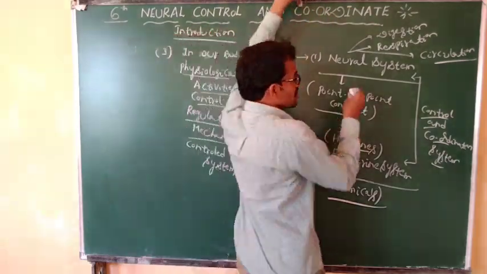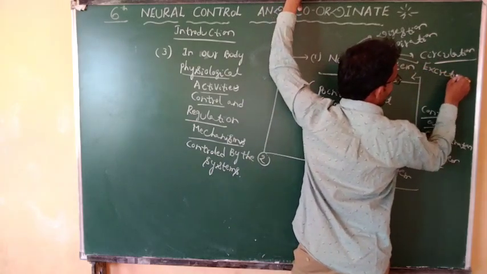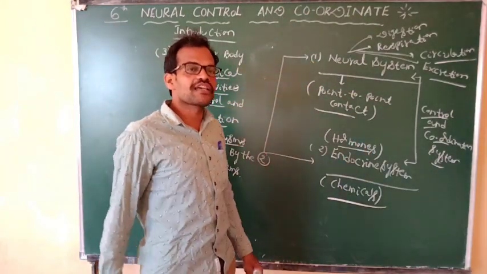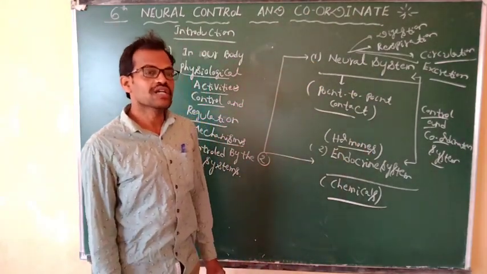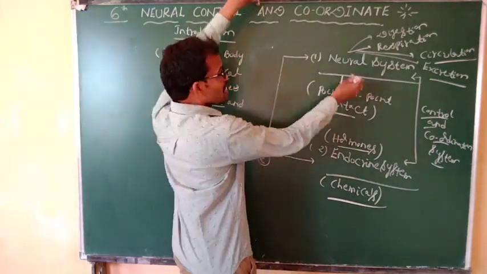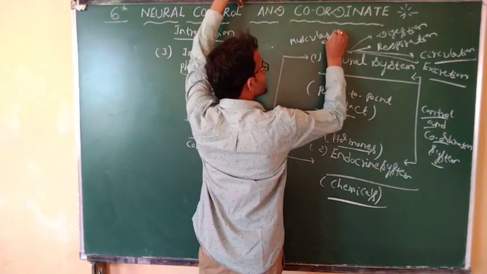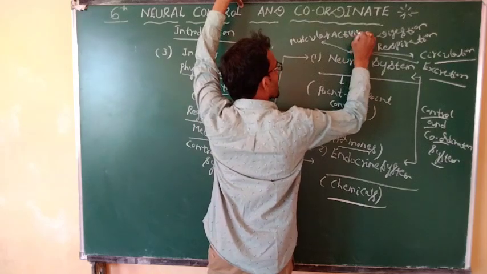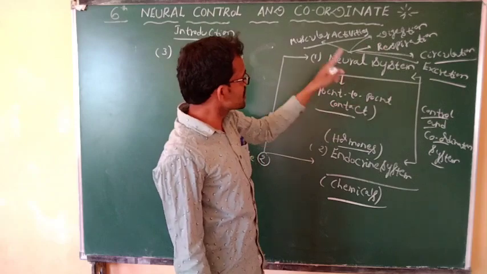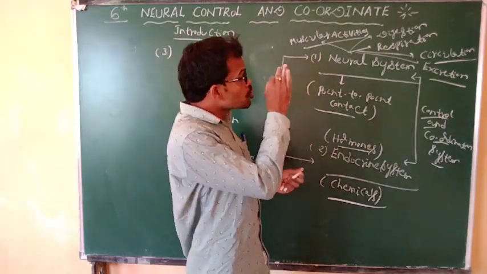It also controls excretory functions, increasing or decreasing water reabsorption, and muscular activities. All these activities are controlled by the neural system.